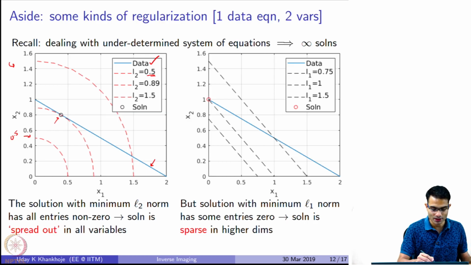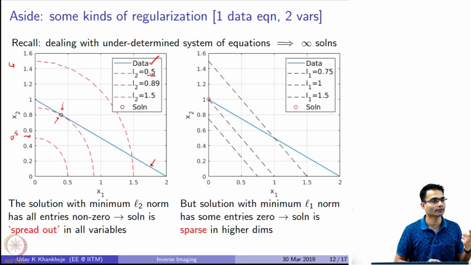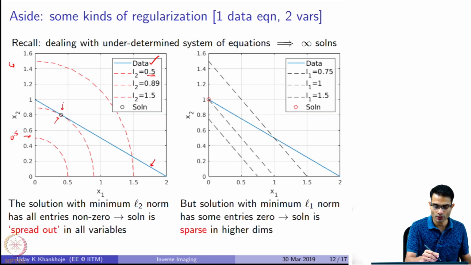When I touch this, the data equation is being satisfied because x1 x2 lie on the data line. That means I have got S is equal to Gs ux, very good. And at the same time, of all possible solutions, can I say that this solution has the minimum energy? Yes, right, because this is just a tangent over there. So I say okay, very good, this is my minimum energy solution.